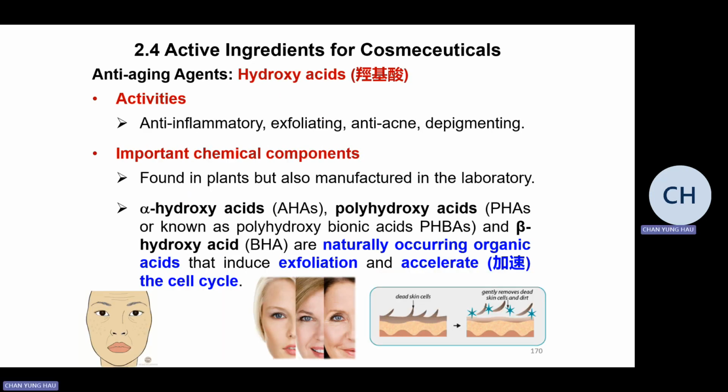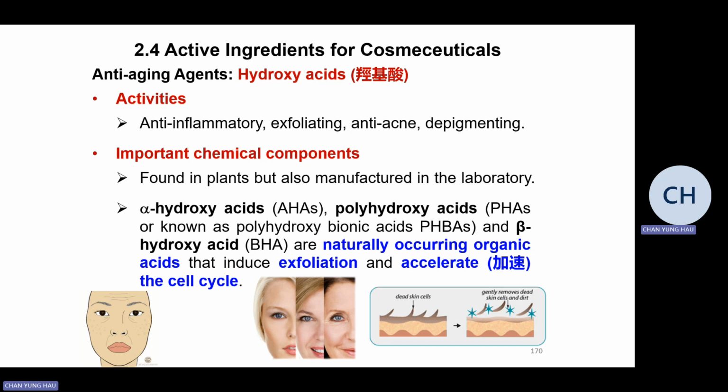Okay, so the next type of active ingredient that we will talk about is the anti-aging agent. For example, we have different types of hydroxy acid. Hydroxy acid is a kind of anti-inflammatory, exfoliating, anti-acne, and depigmenting agent. We usually have three major forms of hydroxy acid: alpha hydroxy acid, AHA, polyhydroxy acid, PHA, and beta hydroxy acid, BHA.